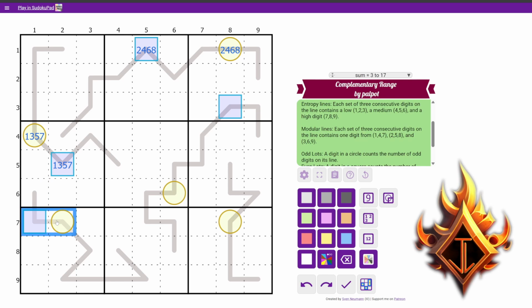So these will be odd, even. Okay, so that's my 4. So this is 1, 3, 5, 7. 1, 2, 3, 4, 5, 6, 7. There are 7.